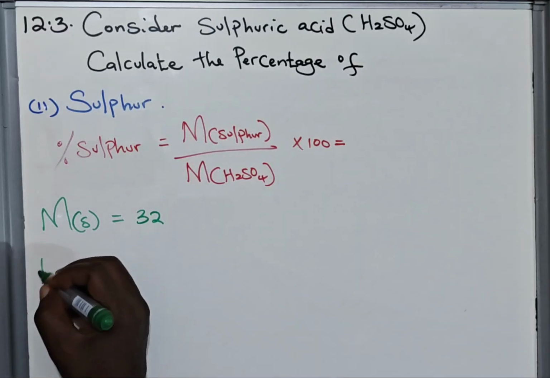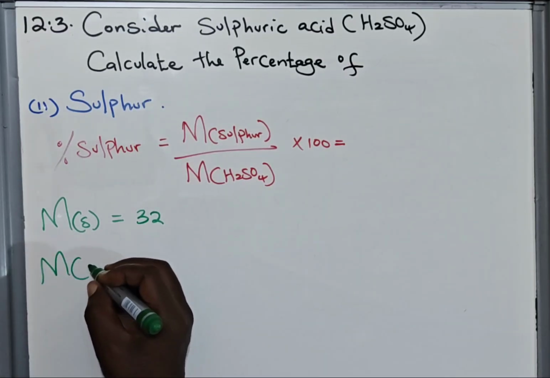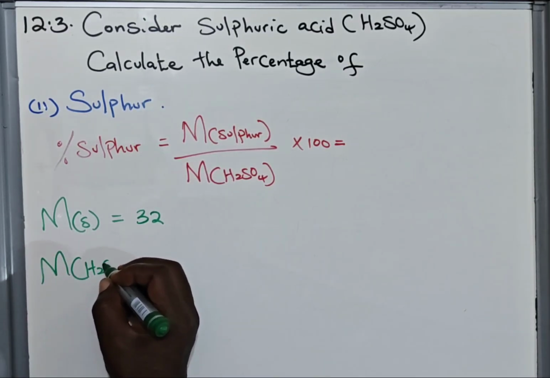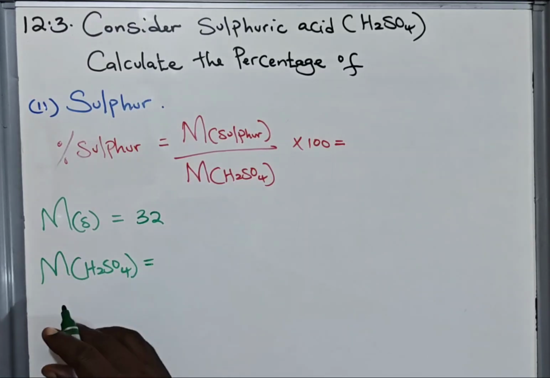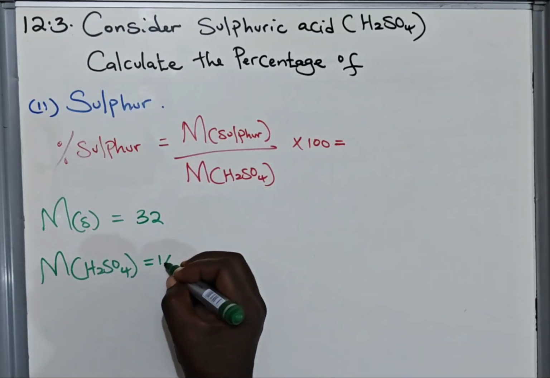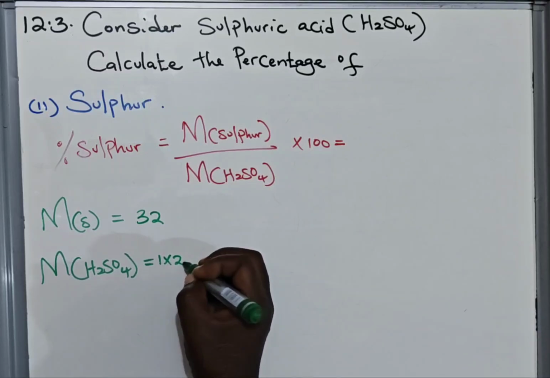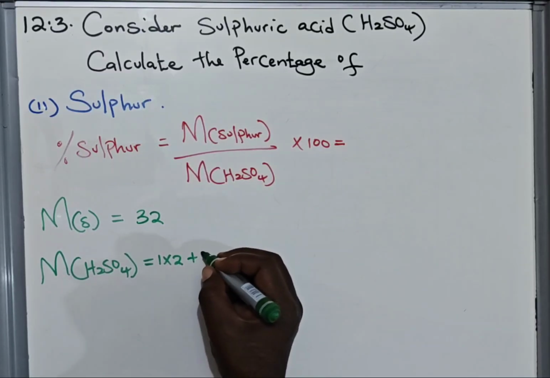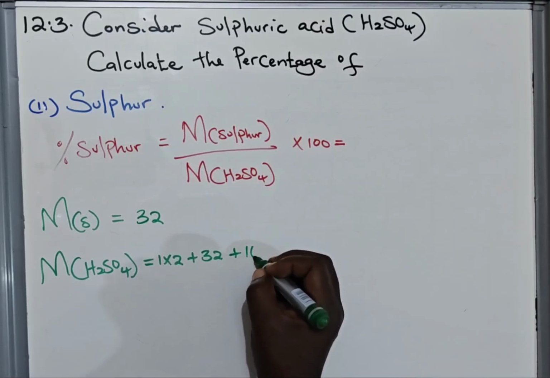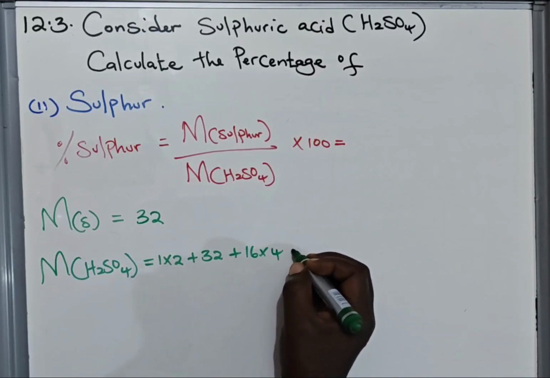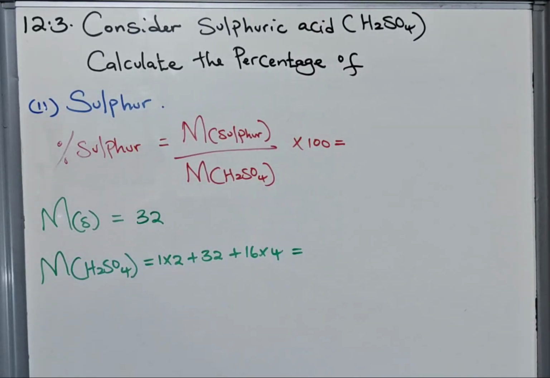And then what is the mass of sulfuric acid? Here we have to know that it's going to be 1 times 2 for hydrogen, plus 32 for sulfur, plus 16 times 4. Yeah, so giving you that.